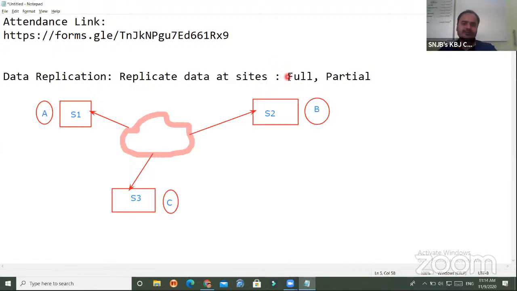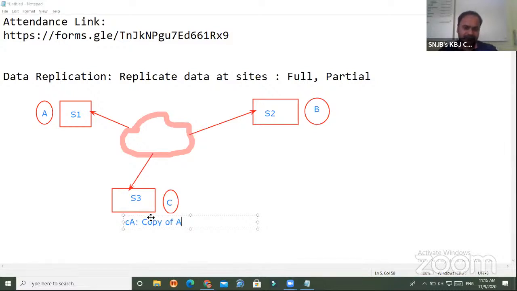Now understand what is full replication. Full replication means, suppose we have data A, its copy should be available at all the sites, that is S2 as well as S3. So I'll mark one more copy as CA. CA means copy of A.